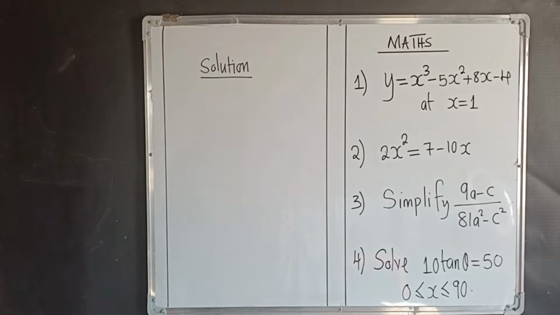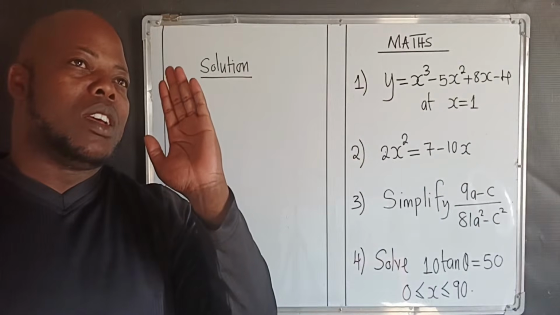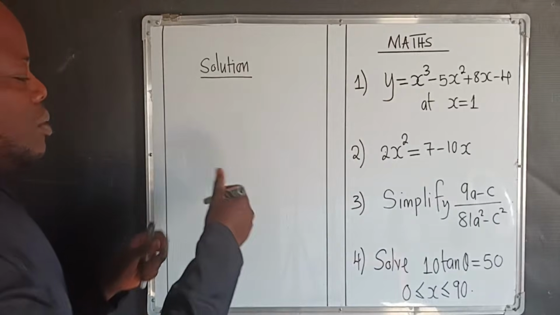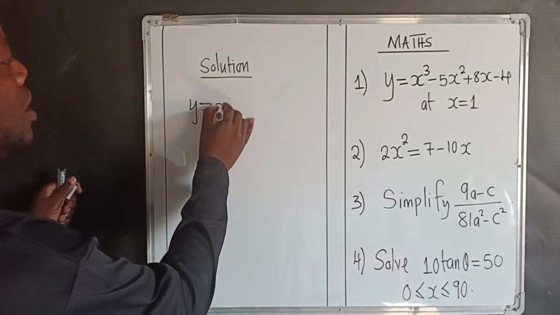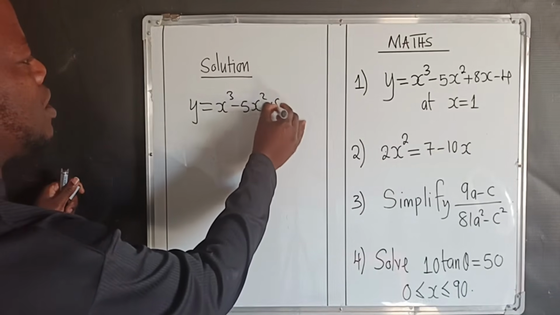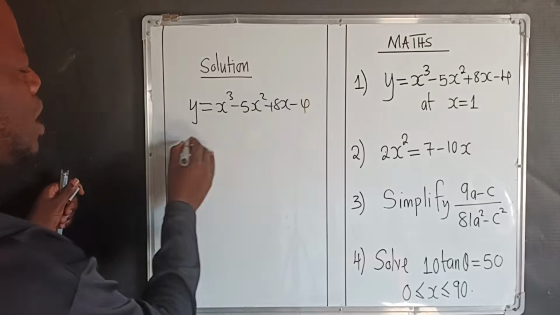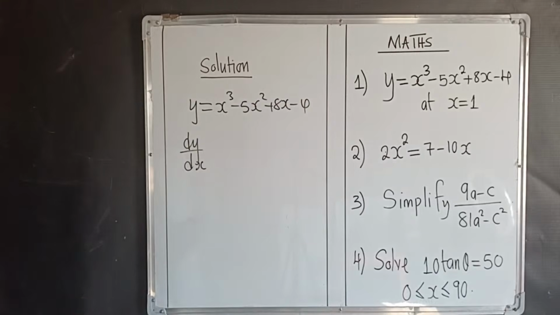So, guys, the first question here, we're trying to find the equation tangent to this curve. And normally, what we first do is to just get the given equation. This is calculus. So when you're given something like this, just get the given equation and then find its dy dx. That's a derivative. So when we say dy dx, we're simply talking about the derivative.